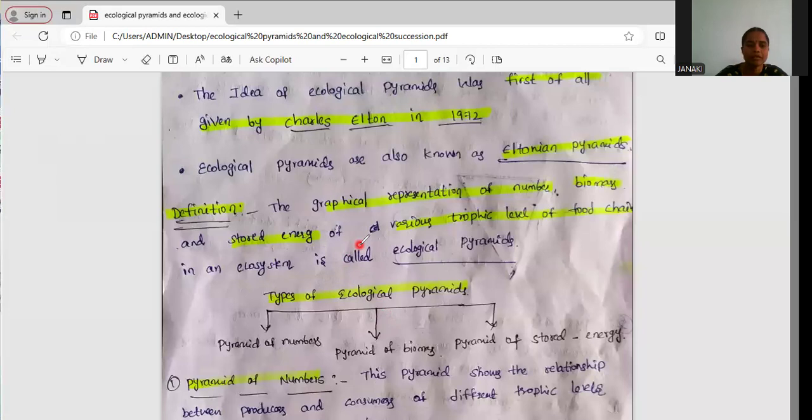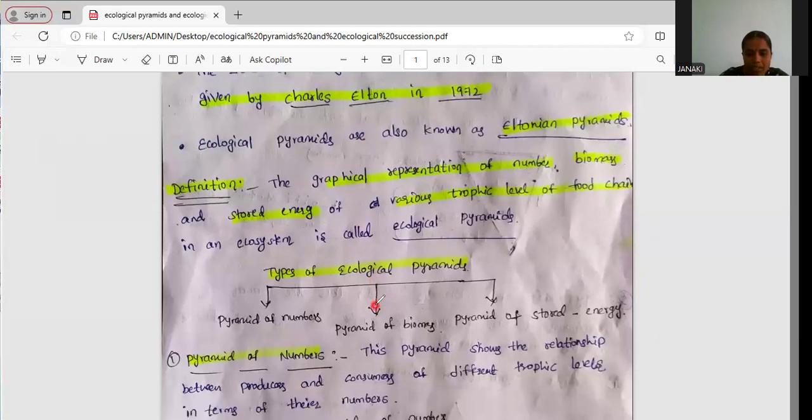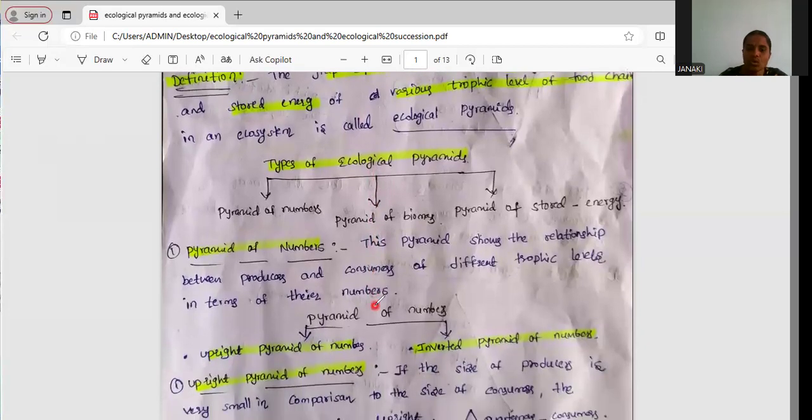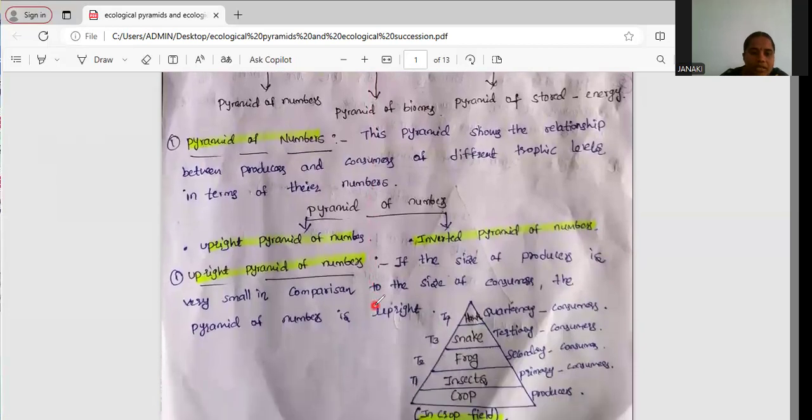The types of ecological pyramids are: pyramids of numbers, pyramids of biomass, and pyramids of energy. First, I will discuss the first type, the pyramid of number.